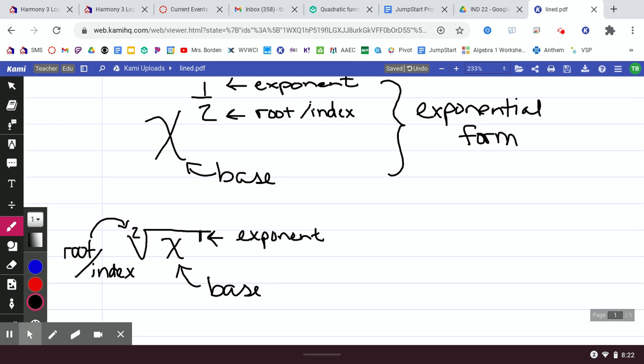If there's nothing on the outside in that root position, it's a 2. So every single radical you ever see, even though you don't realize it, always has an exponent and a root. It's just in math, we never write the exponent of 1 because every whole number has an exponent of 1. And every unlabeled radical is just understood to have a 2. So this right here is called radical form.